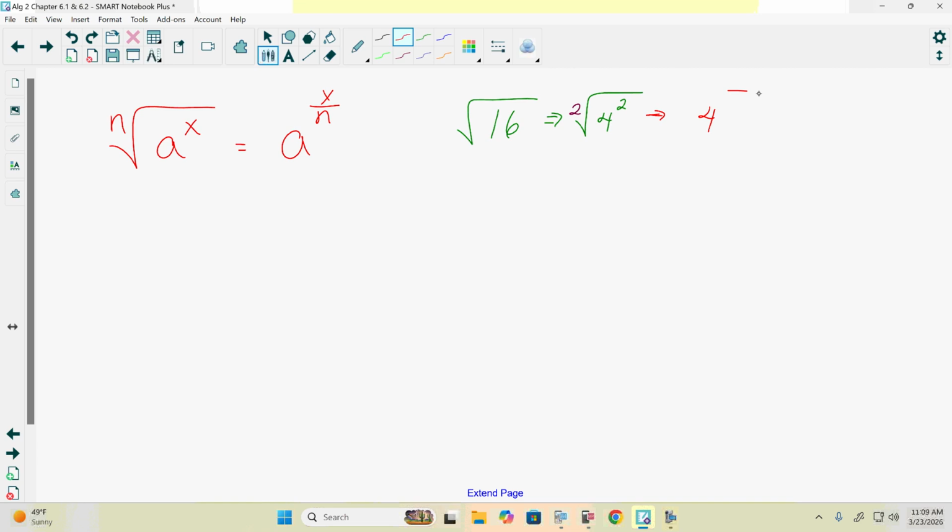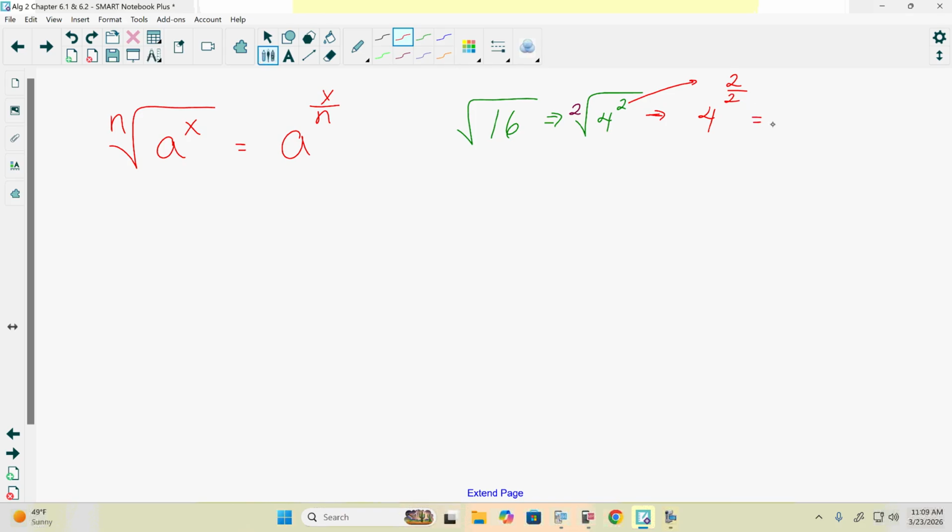x is the exponent attached to that number, so the exponent in our case is 2. n is the index, the number inside that radical symbol. Guys, focus up. Our index is 2.